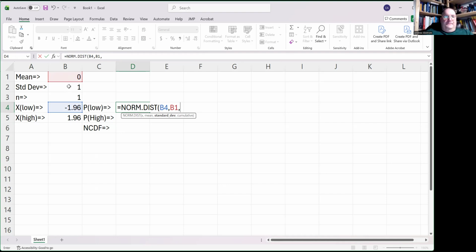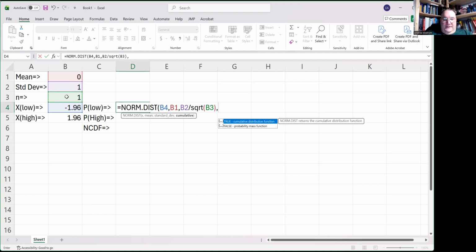I'm going to click here on B2, hit the divide button, and then there is no square root, so I just have to type in SQRT, open the parentheses, click on 1, close parentheses, and that gives me the standard deviation or the standard error. And then cumulative, yes, that's what we want.